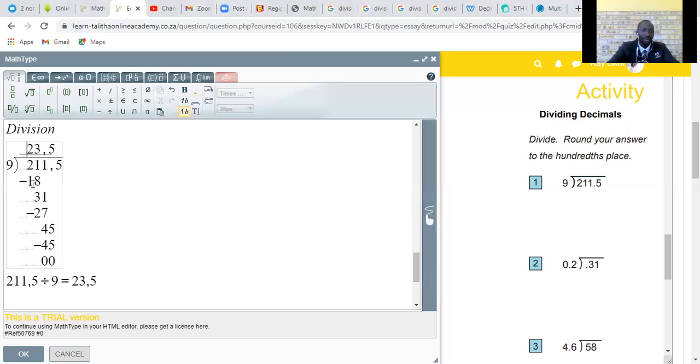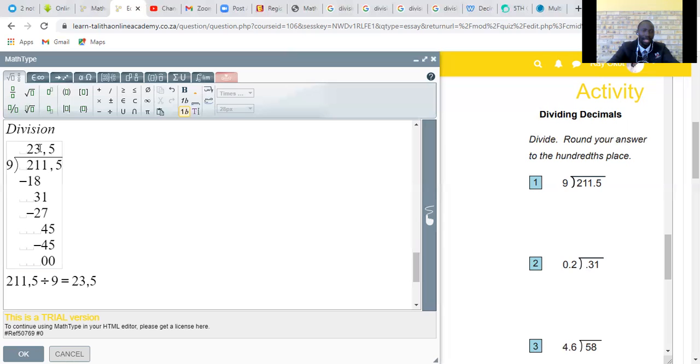So now we have to subtract 18 from 21, we get 3. And so we bring this 1 down so that we get 31. Now, how many times will 9 enter into 31? Well, 9 enters into 31 3 times for 27.